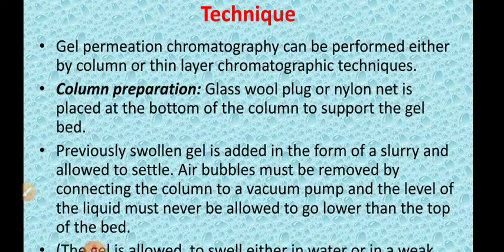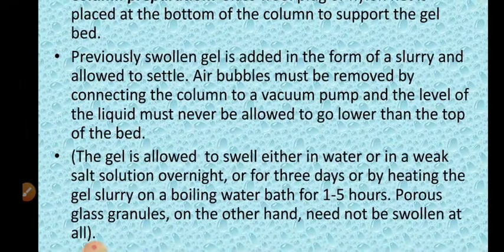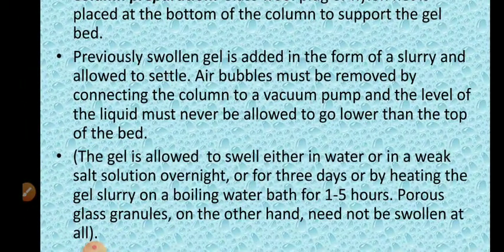So previously swollen gel slurry is added and allowed to settle. Then air bubbles must be removed by connecting with a vacuum pump, and there should be a level of liquid always present above the top layer of the gel, and then we load the sample on the top of the gel bed.